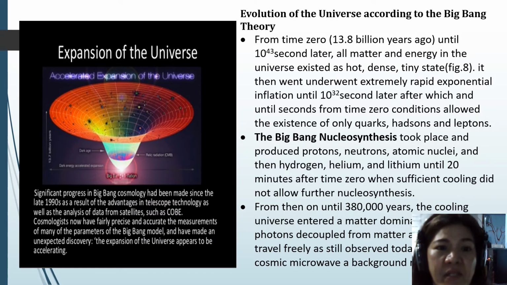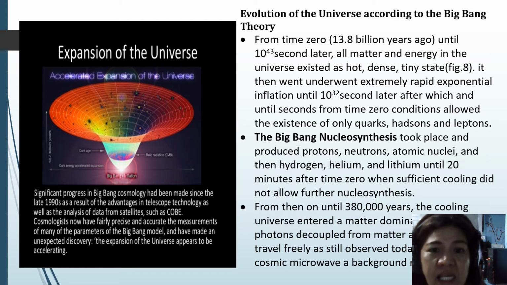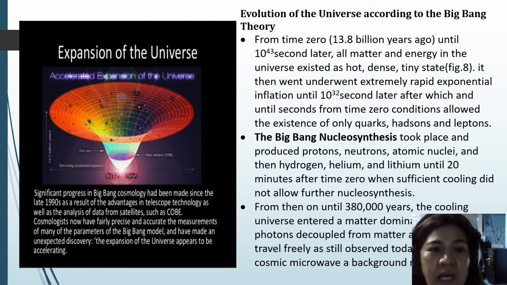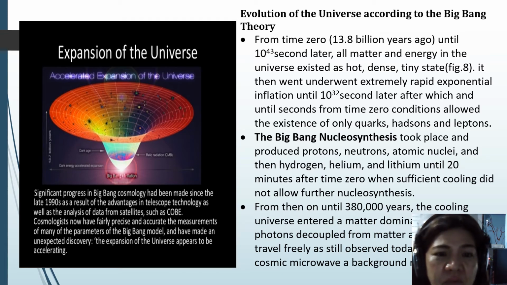From time zero, that is 13.8 billion years ago, until a second later, all matter and energy in the universe existed as a hot, dense, and tiny state. It then underwent extremely rapid exponential inflation. After that, conditions allowed the existence of only quarks, hadrons, and leptons.